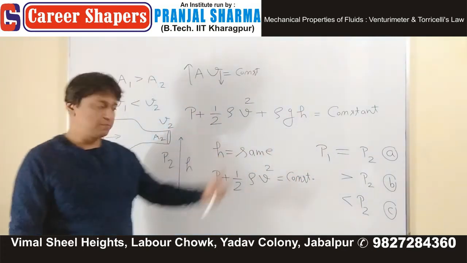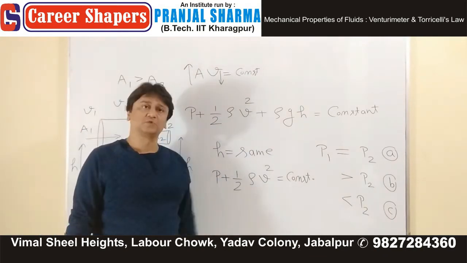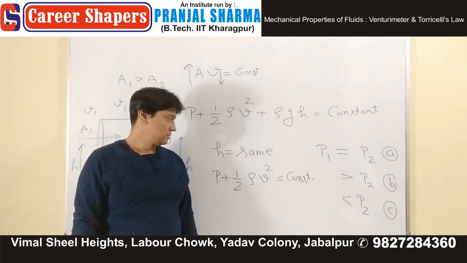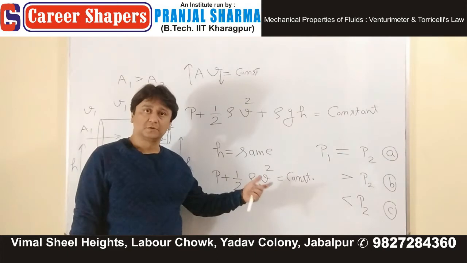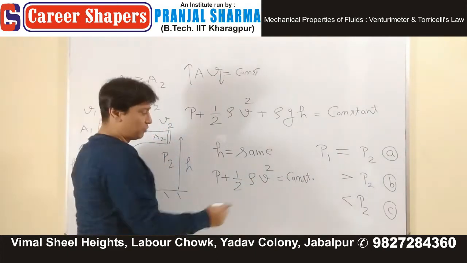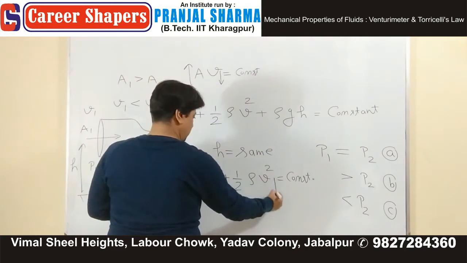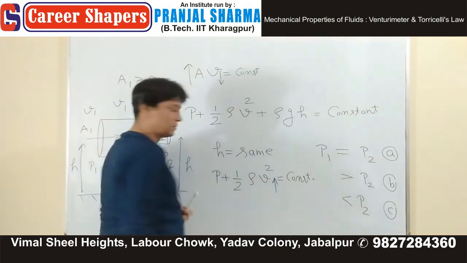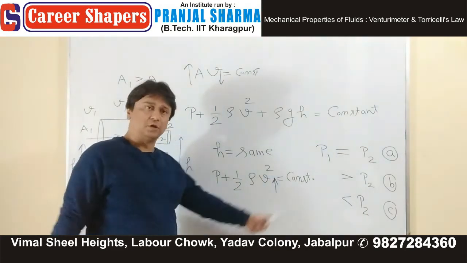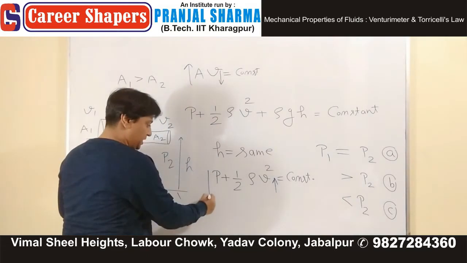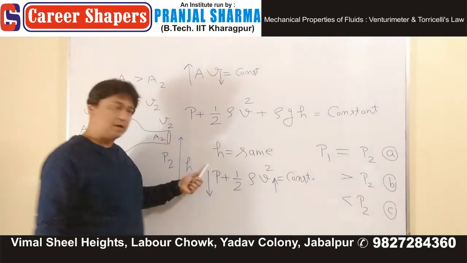H is same, that means P plus half rho V square is what? Constant. Which means if you're going to increase V and keep the whole thing constant, P should decrease.